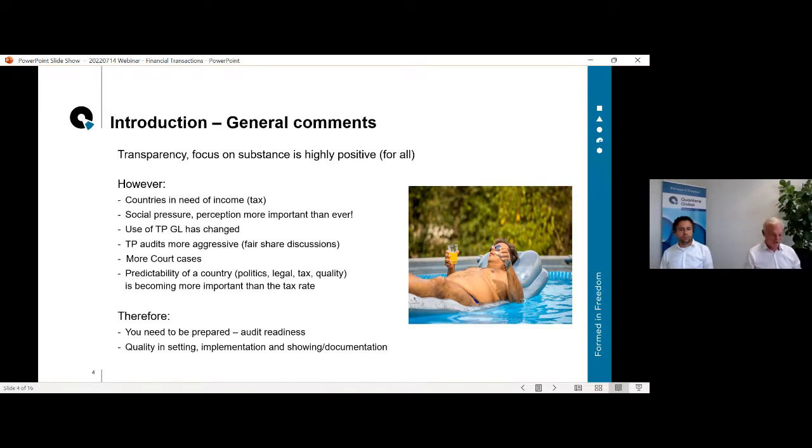So it's more and more important that you are prepared, that you are audit ready, to go into this area of almost a battlefield. And what we'll try, as a last thing to get out of this slide for me, is that you need to have quality in the setting of your transfer pricing, in the implementation, but above all in showing and documentation.